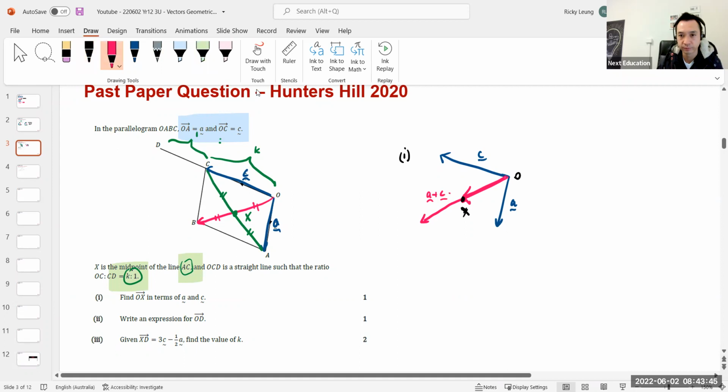Therefore, OX as a vector is half of A plus C. Pretty sweet.